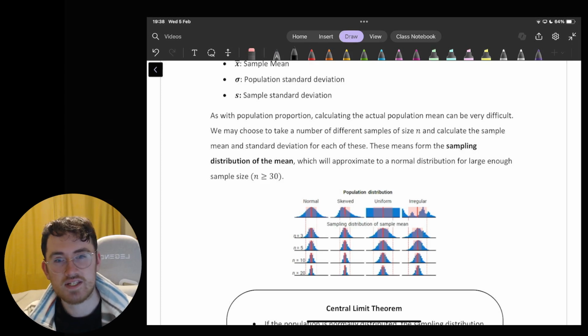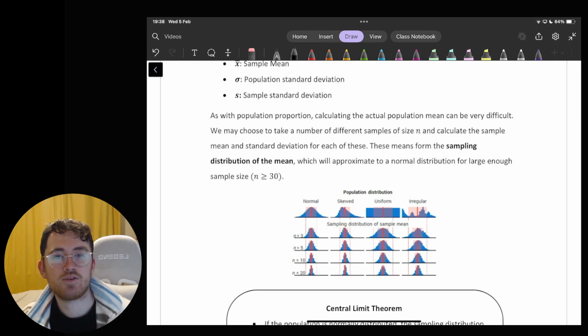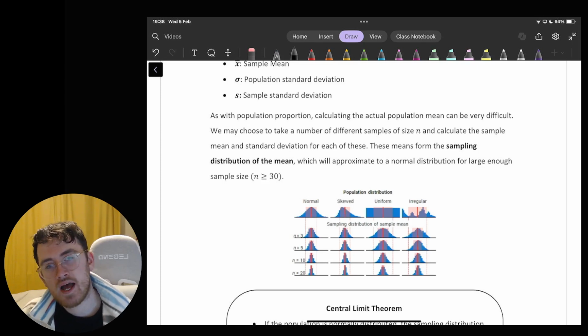So what I would probably do instead is ask a sample. I would pick a smaller group, a school or collection of schools within a certain area, or I might pick schools across the country, and use this as a representation of the actual population. To make that more accurate, I might take a certain sample size and then take a number of samples of this size from different places.